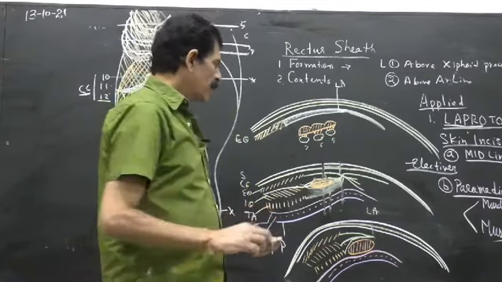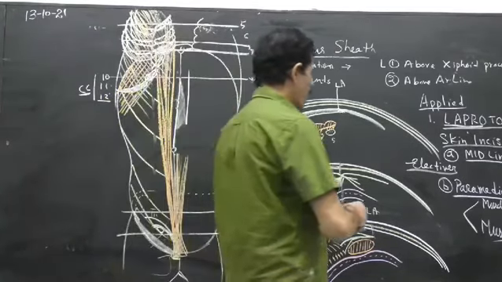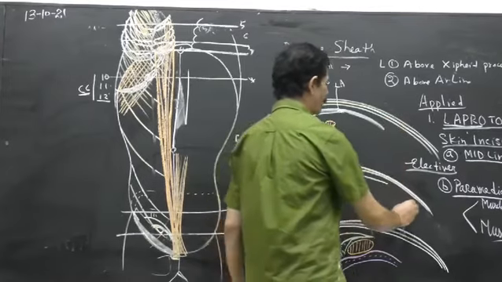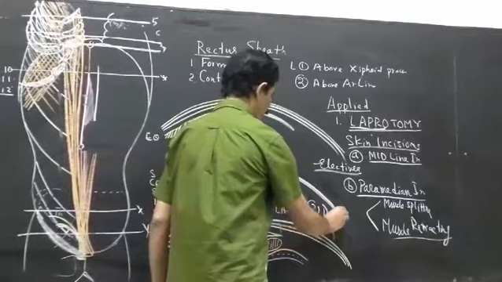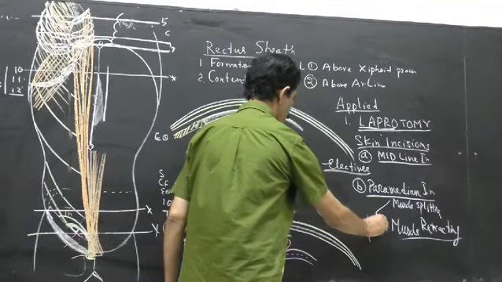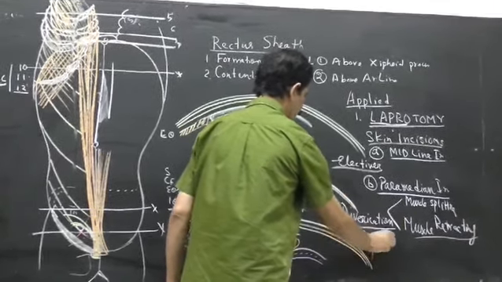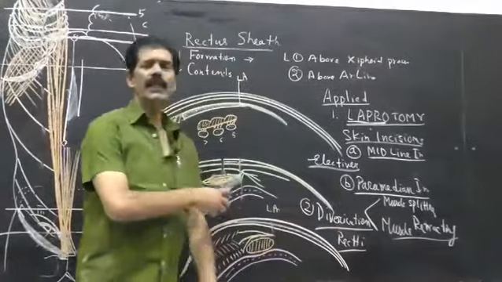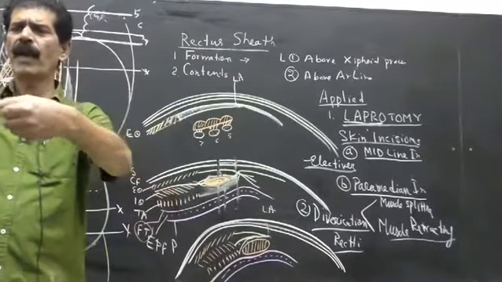Another condition related to the anterior abdominal wall is the divarication of the recti. Usually it is seen in obesity, in obese people whose belly is quite big.